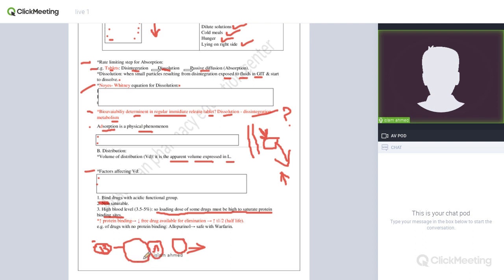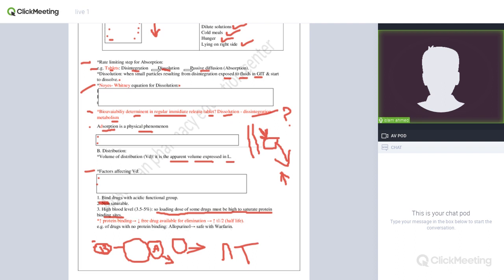That will cause an issue, which is a high amount of the free active form of drug A that is unexpected to be in the body at the same time. That can cause toxicity. So we avoid the displacement.